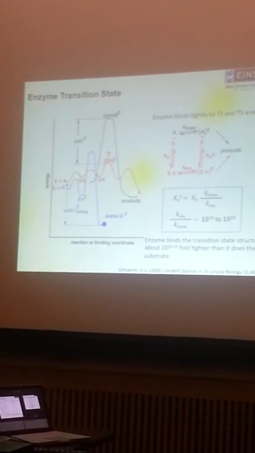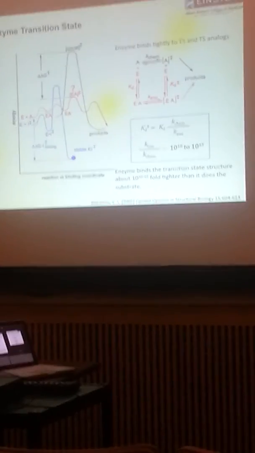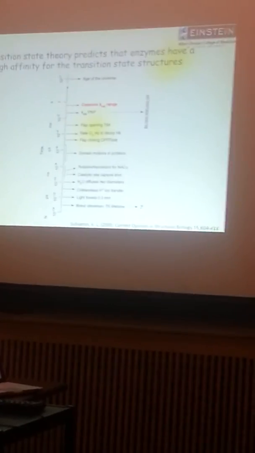Therefore, the enzyme binds the transition state structure at least 10 to the 15 times tighter than the substrate. So transition state theory predicts that the enzyme has a much higher affinity for the transition state structure.